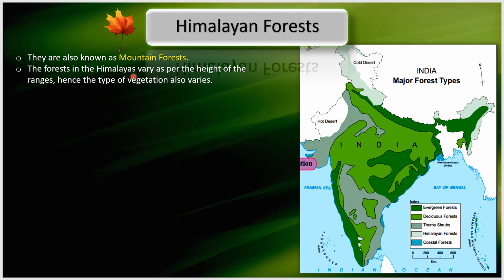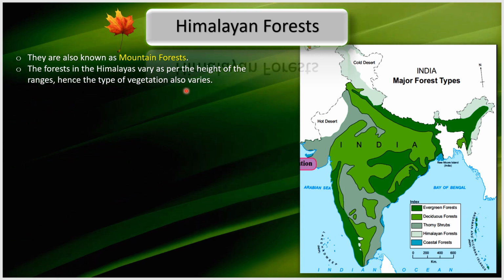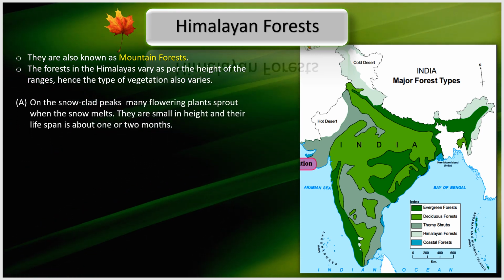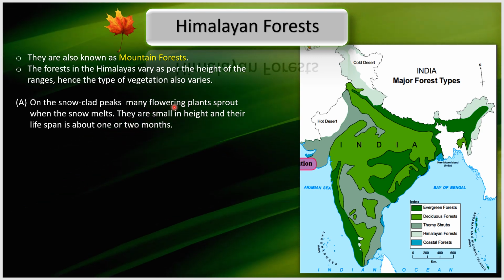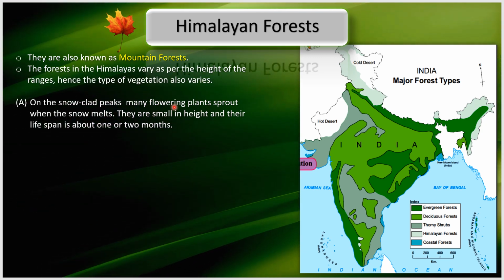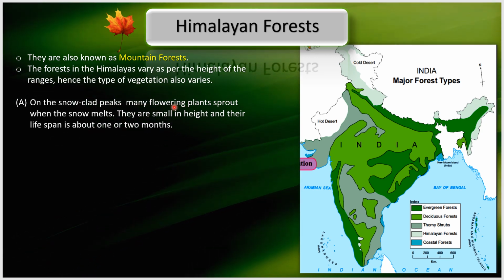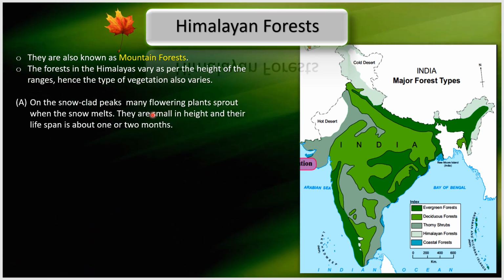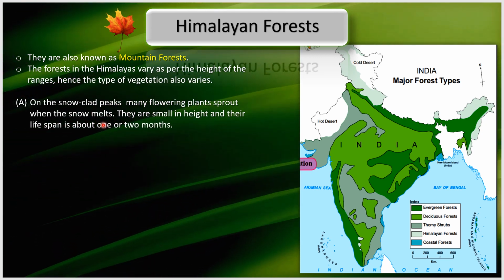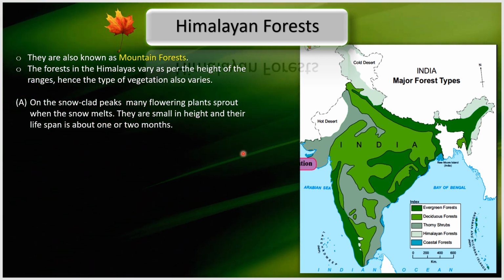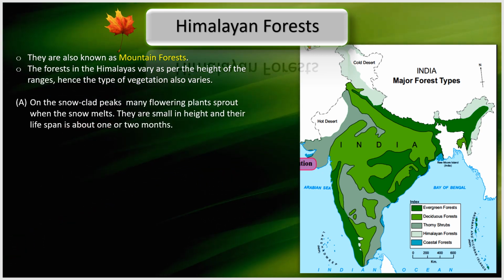Hence the type of vegetation also varies according to the altitude. On the snow-clad peaks, almost in the Himadris, in the greater Himalayas, many flowering plants sprout when the snow melts. They are small in height and their lifespan is about one or two months.